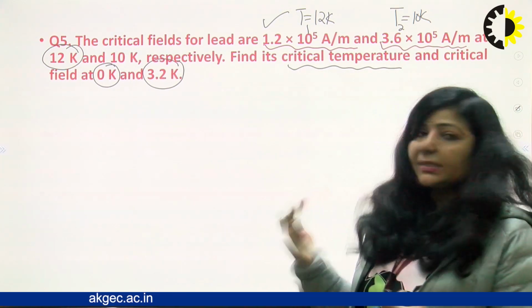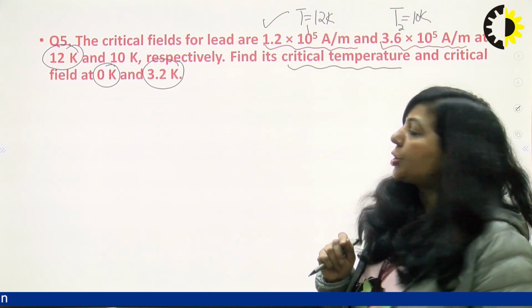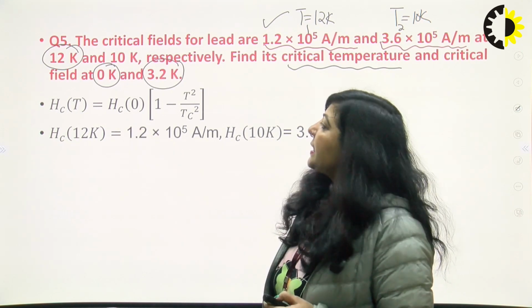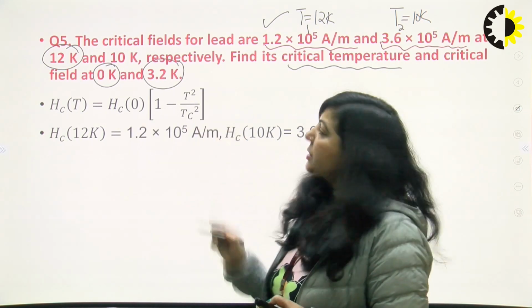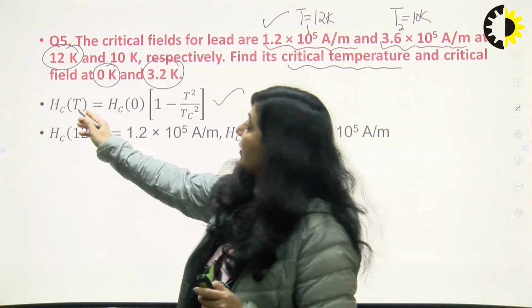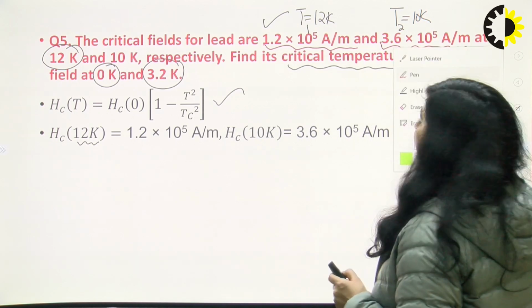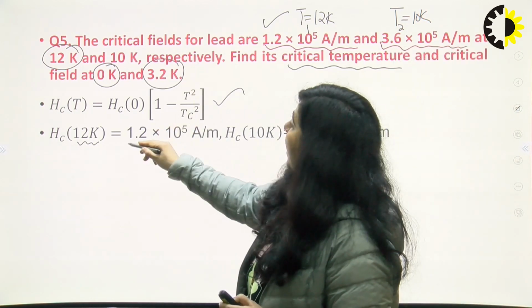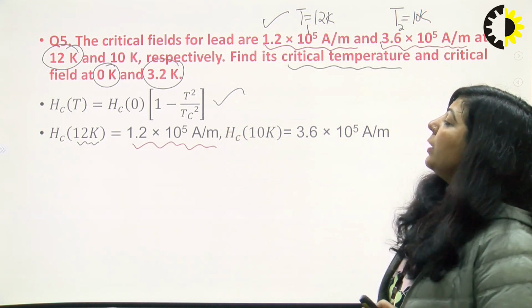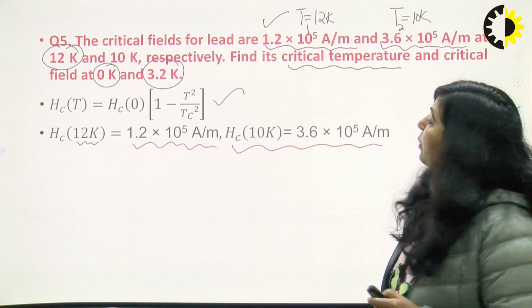So first, let's try to find out its transition temperature. For this, we have the formula, HcT is equal to Hc naught into 1 minus T square upon Tc square. In case number 1, we are taking the temperature as 12 Kelvin. At 12 Kelvin, it is given that Hc12 is 1.2 into 10 raised to power 5 ampere per meter, as well as the critical field at 10 Kelvin.